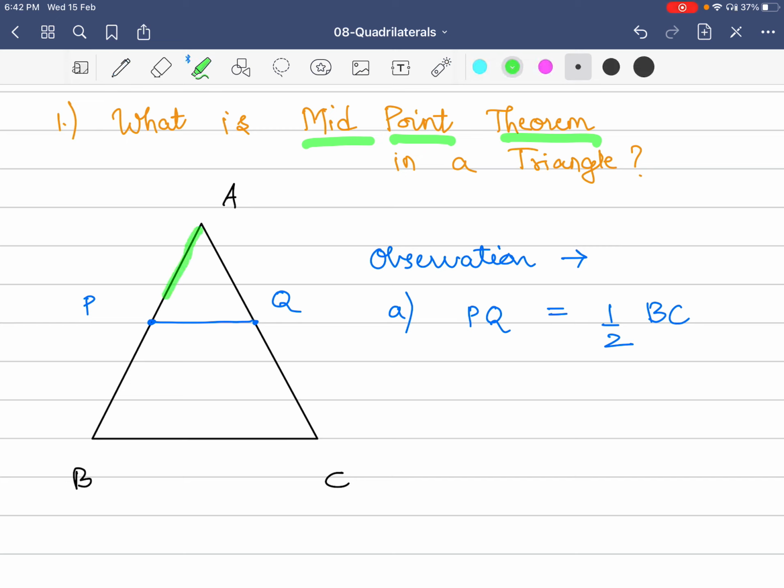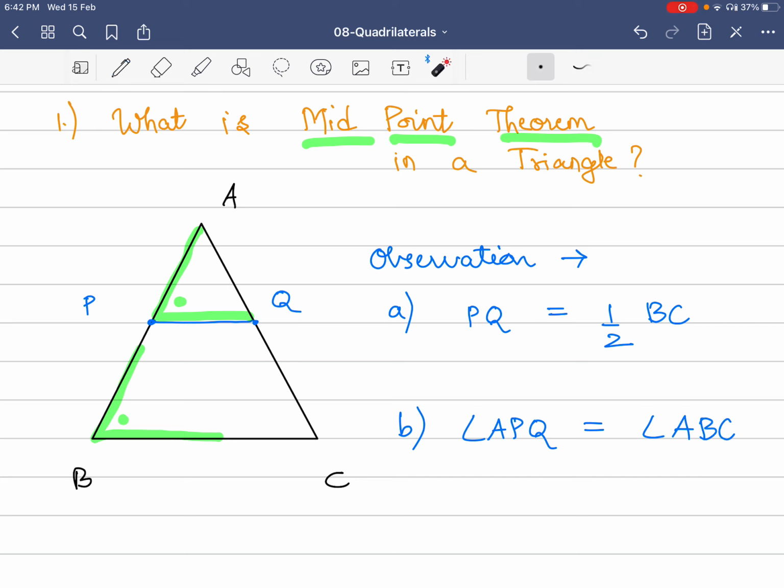If you measure the value of this angle and the value of this angle, which is our angle B, you will find they are the same. The measure of angle APQ is equal to the measure of angle ABC. So I'm going to write that down. That is the second observation: angle APQ is equal to angle ABC.